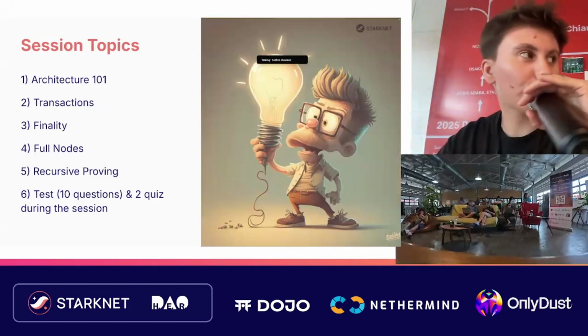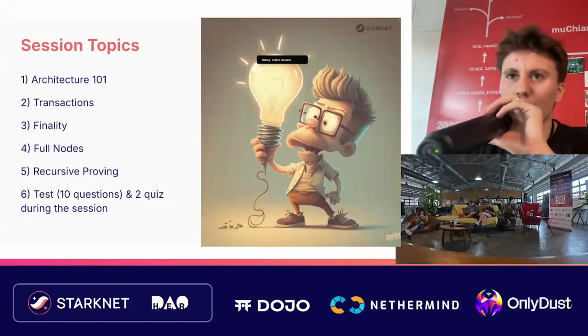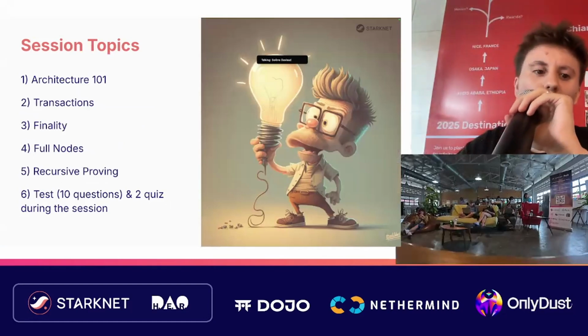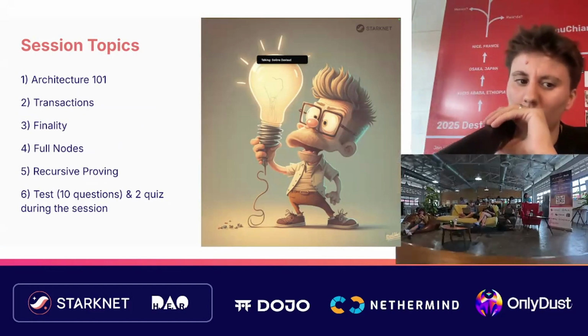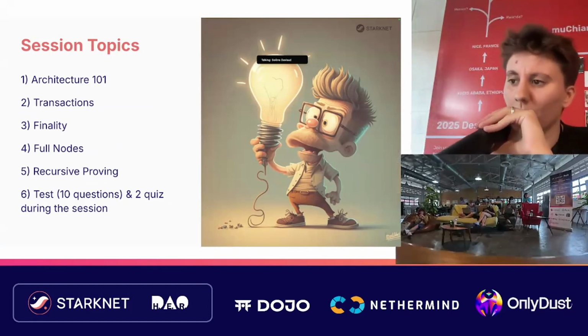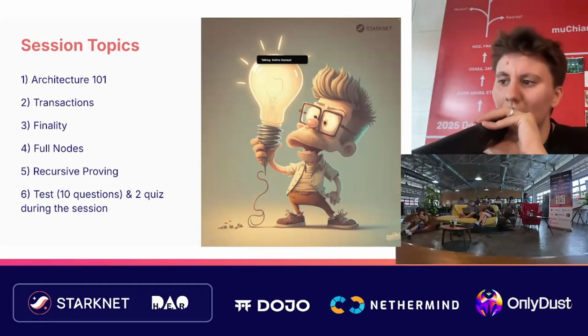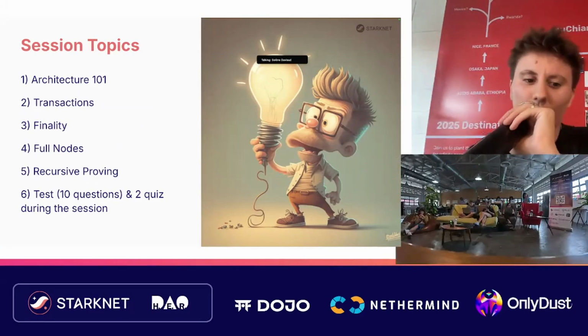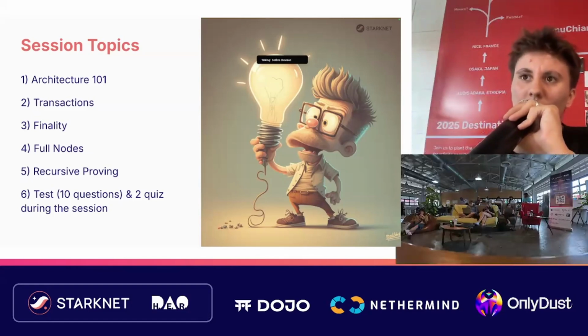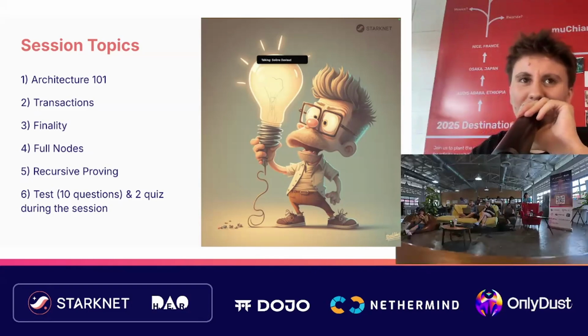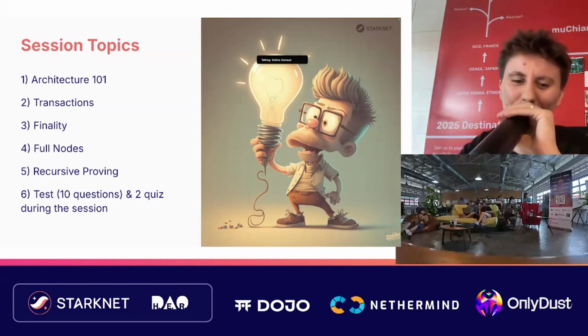The session topics are especially related to architecture 101, transaction finality, full nodes, and recursive proving. So that is something interesting on Starknet. And we're gonna finish with a test and two quizzes during the session. The two quizzes will be displayed during the session to avoid any overload of work just after that.